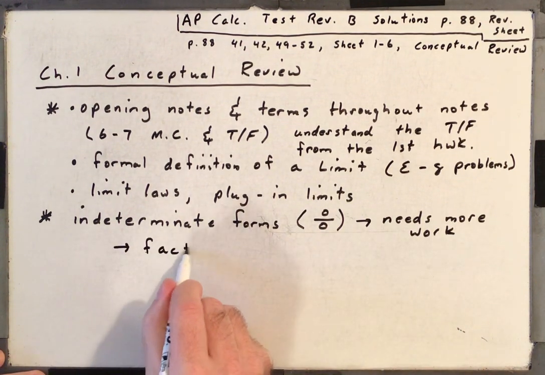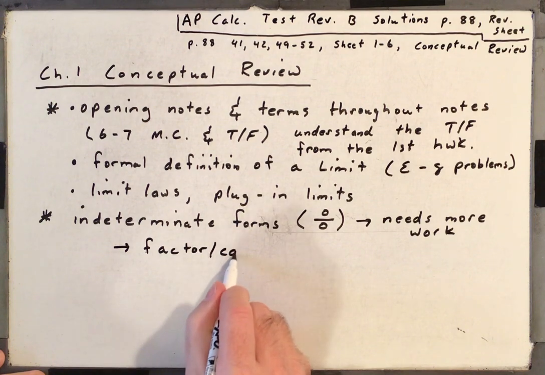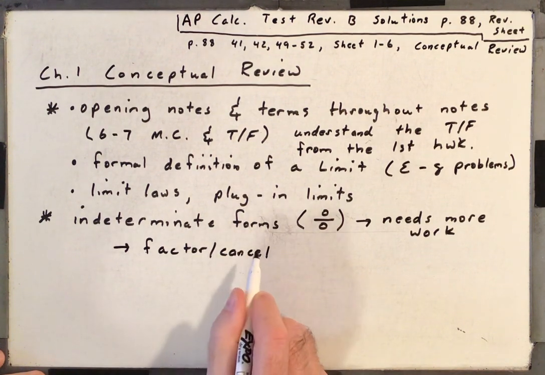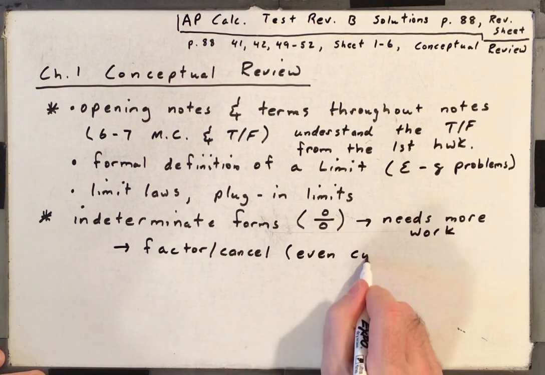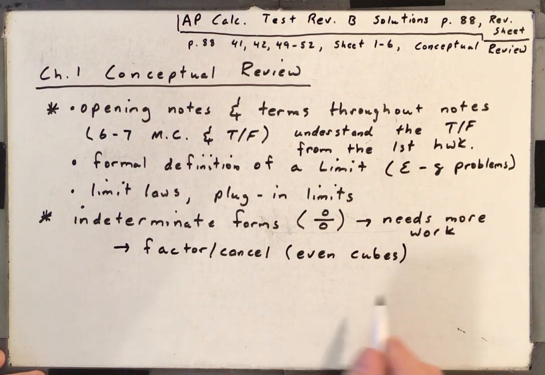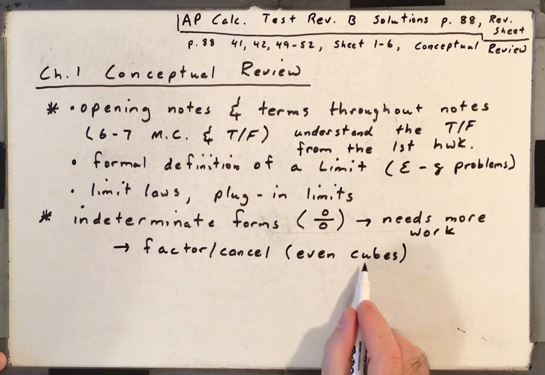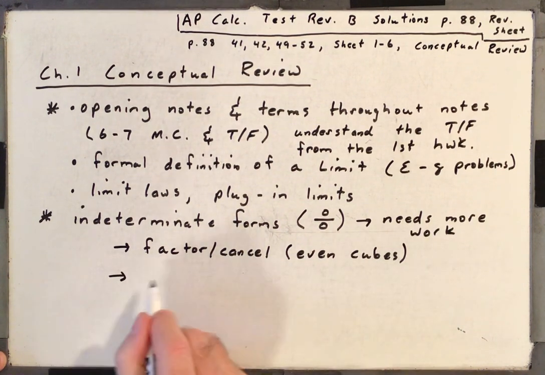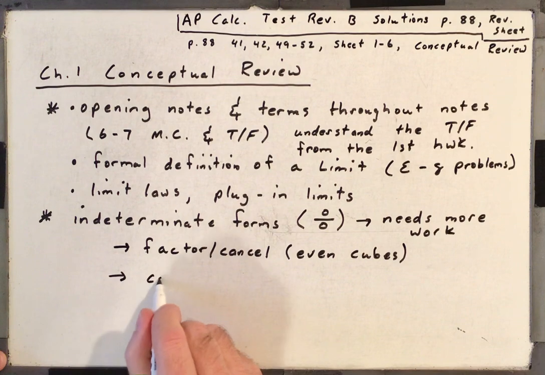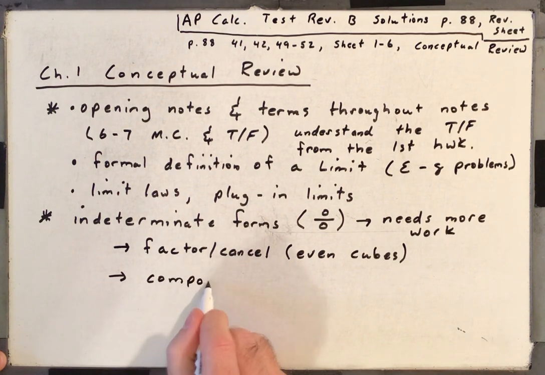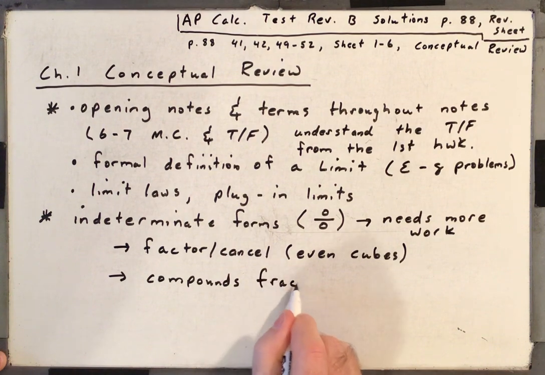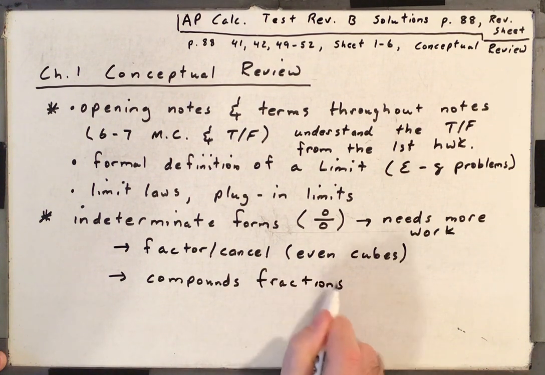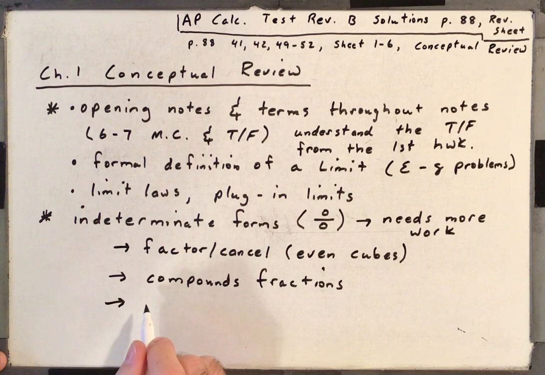We had to factor and cancel. And you might even have to factor cubes, right? The sum or difference of two perfect cubes. So know that formula. Compound fractions, where you had to put some fractions together, find a common denominator, and then clean it all up.